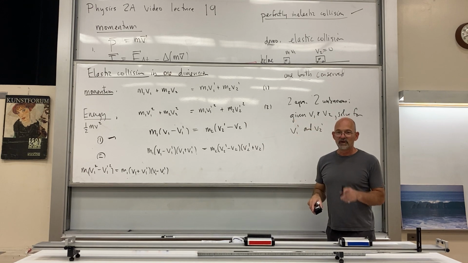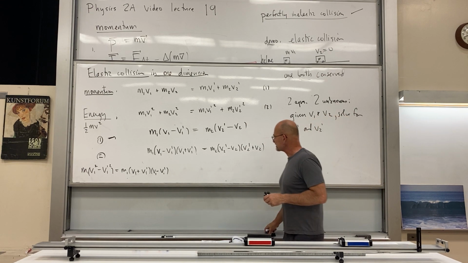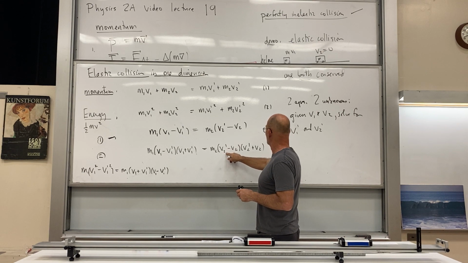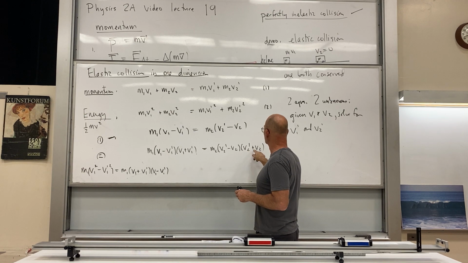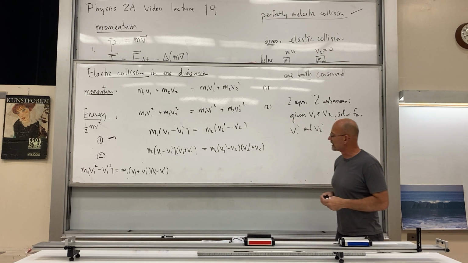Okay, one take, no edit, so make sure you get the algebra right. I think we have the algebra right. Good, we've got that. It'll come out in the wash if we don't.